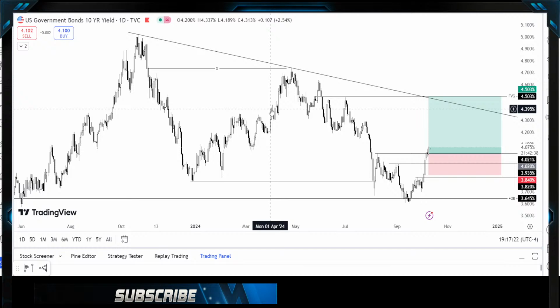Today we're going to be focusing on the US government bonds 10-year yield. The very first thing I would like to say is that the US 10-year yield has an inverse correlation with gold, in normal circumstances, not just every day.